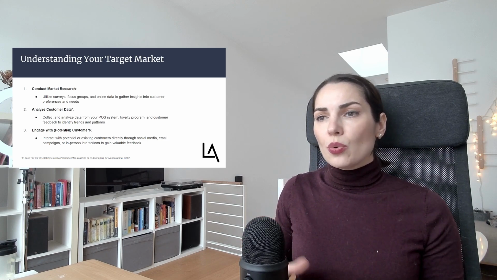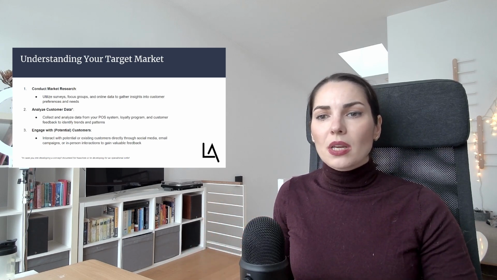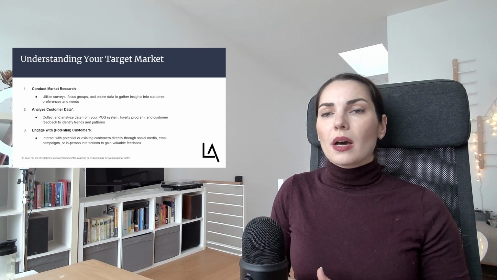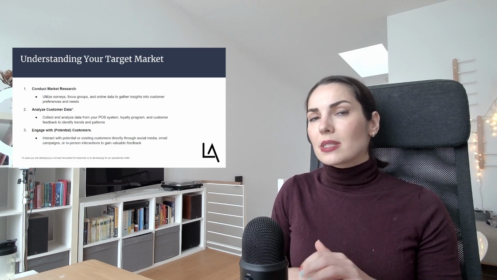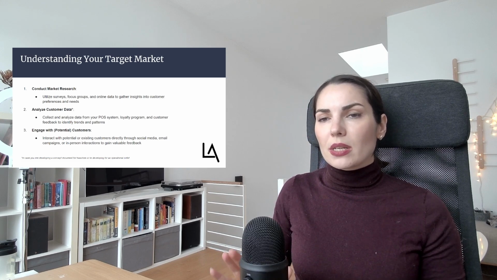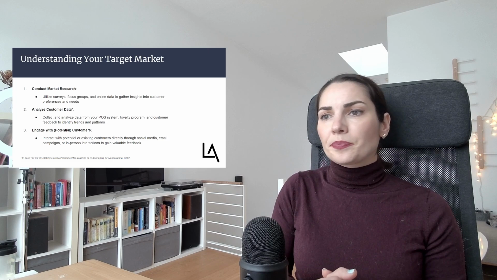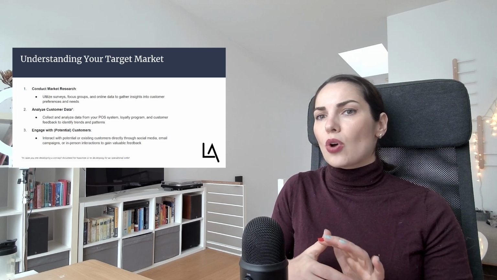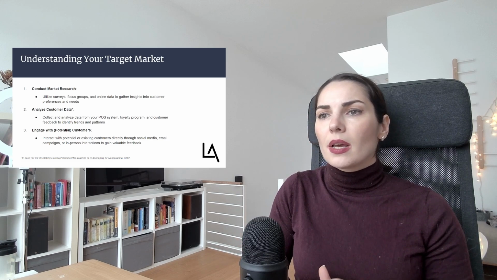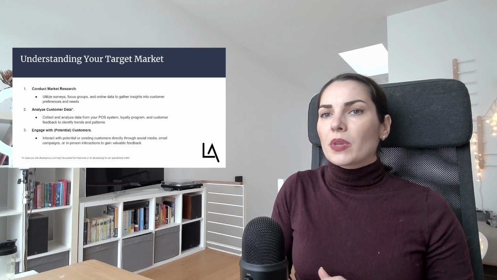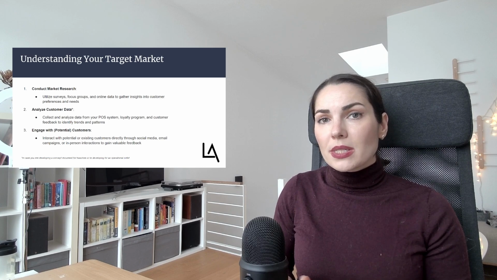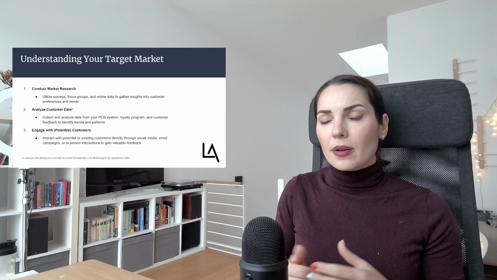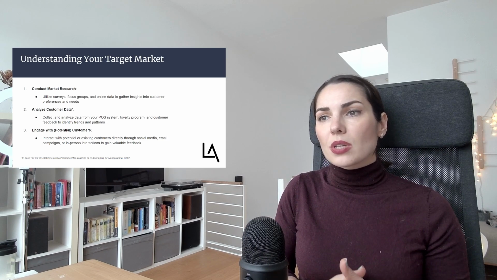If you are opening just a new outlet for an existing concept, or you're looking into franchising your existing concept, analyzing your existing customer data is a great place to start. So if you already have a business, or you'd like to optimize the concept of your business, then analyzing data from your POS system or your sales system or wherever you record your sales is a good place to start.